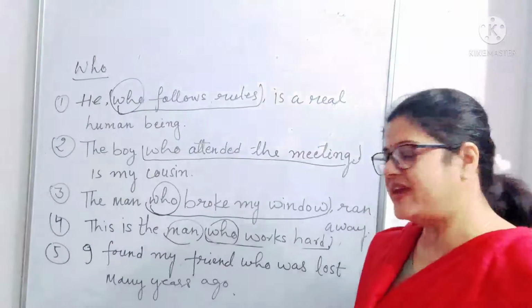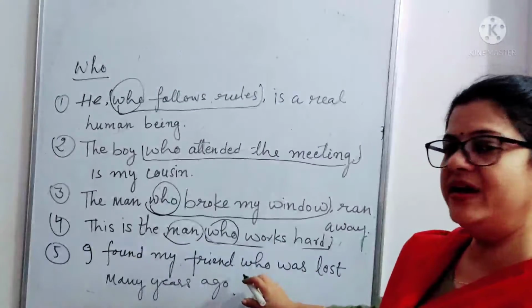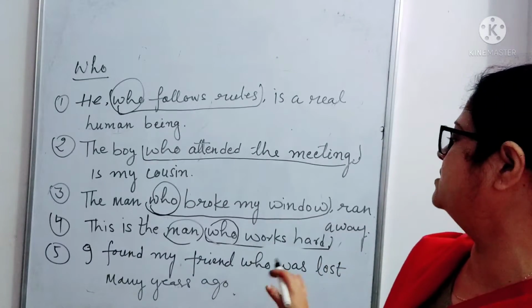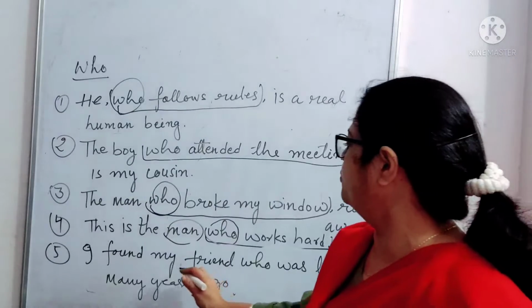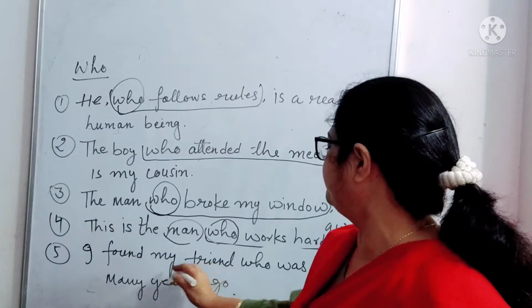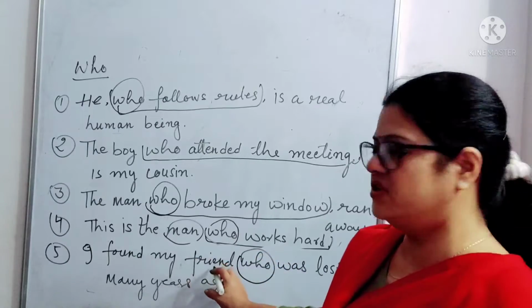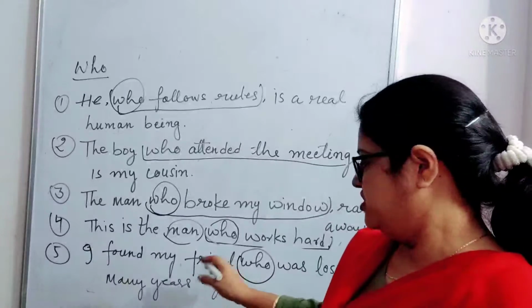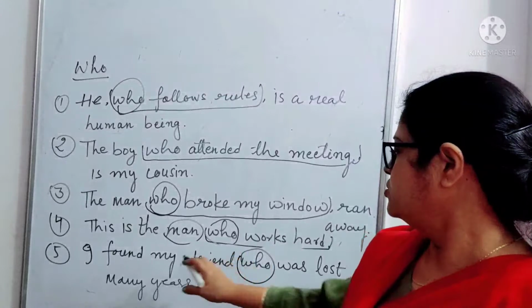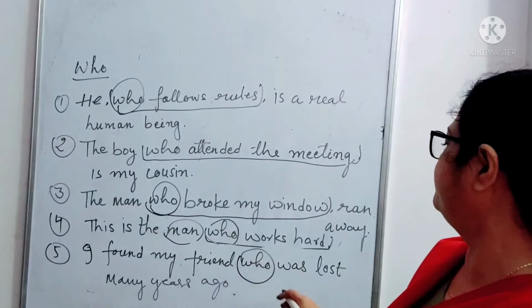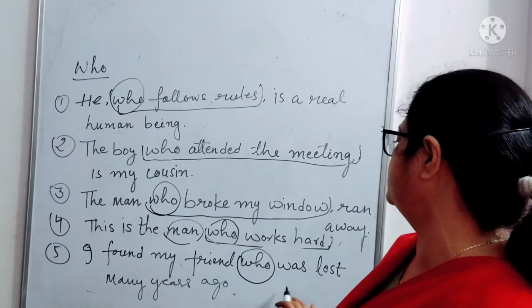Now the fifth sentence is: I found my friend who was lost many years ago. So we are talking about whom? We are talking about my friend. So "who" is here talking about this friend, which is a noun.